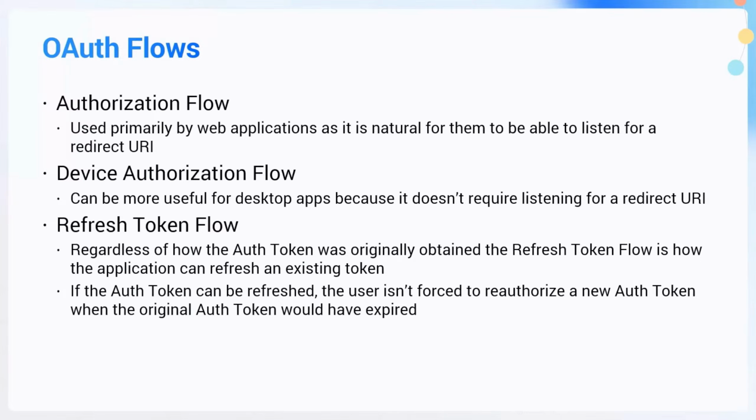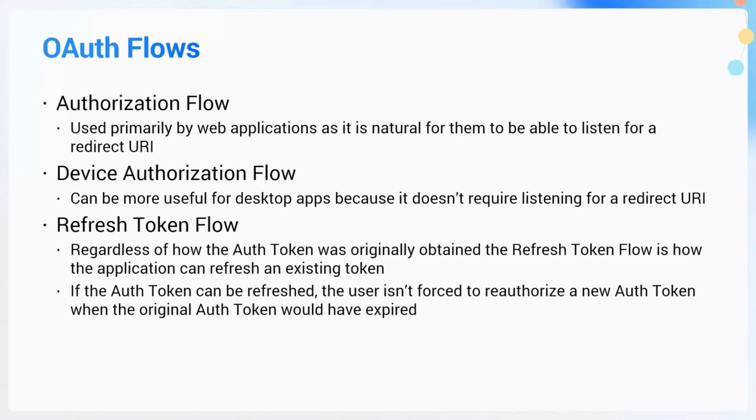And so what happens is when they log in using the browser, the user authenticates and authorizes the app, and then the authorization server sends back a redirect URI, which basically would just go back to the application. The browser would take that and use that to send the token back to the application. So that works great with a web application that's already responding to URI requests.